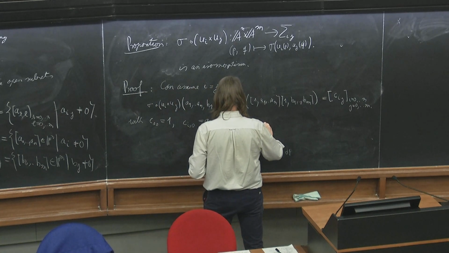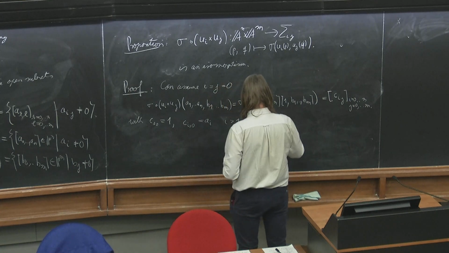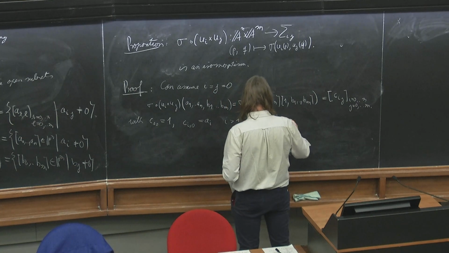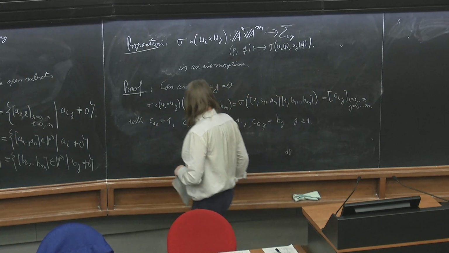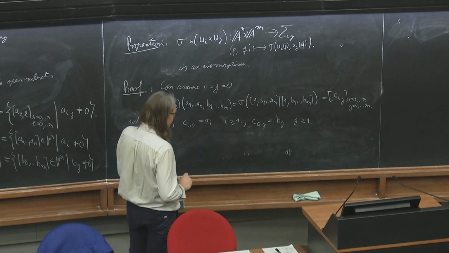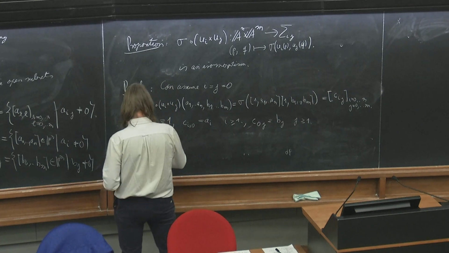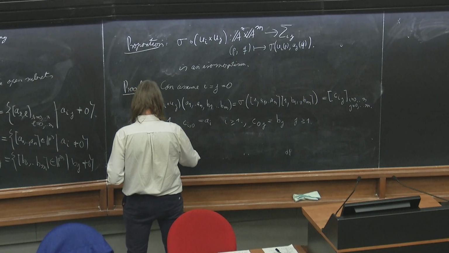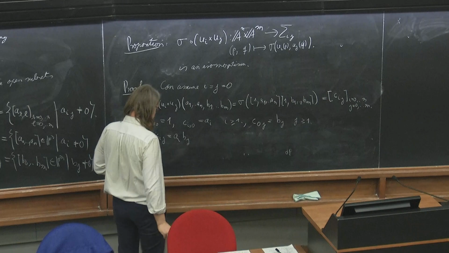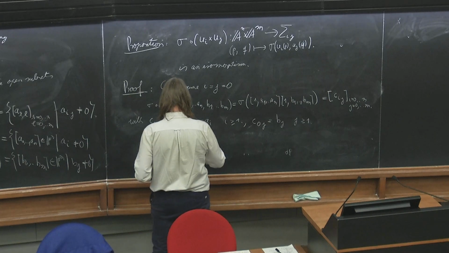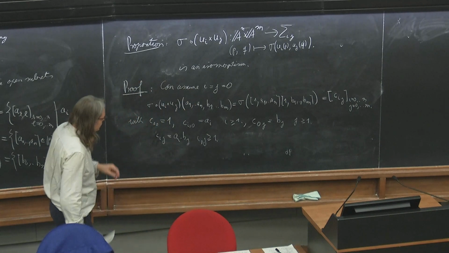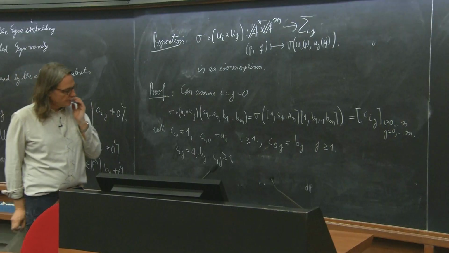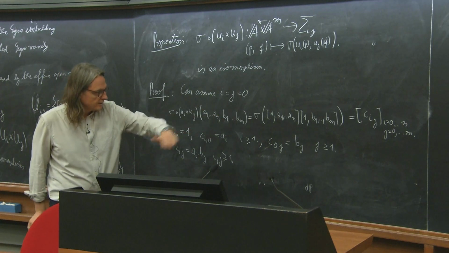C0j is equal to bj for j bigger or equal to 1. And if both are positive, we just have the product. So Cij is equal to ai times bj for i and j both bigger or equal to 1. So we can see that this is a morphism because it's given by regular functions.